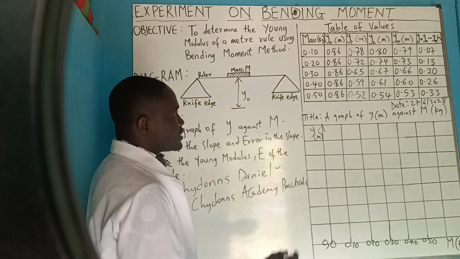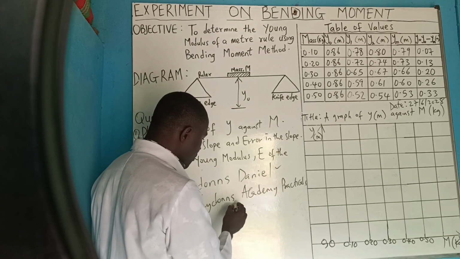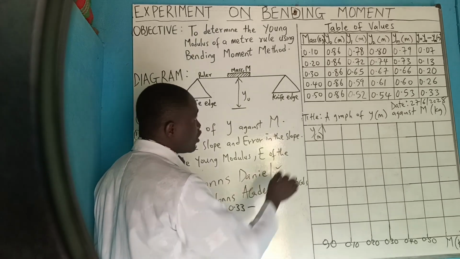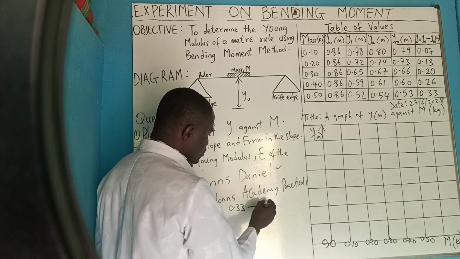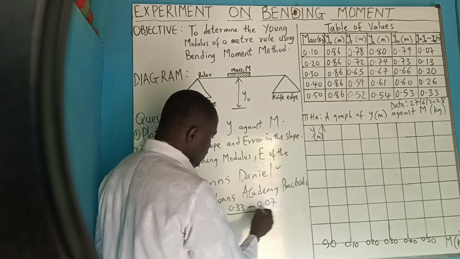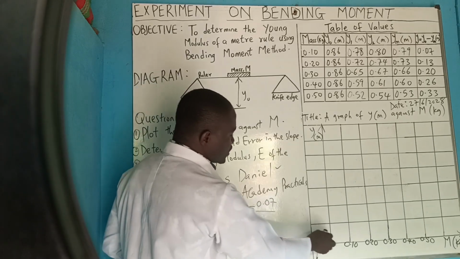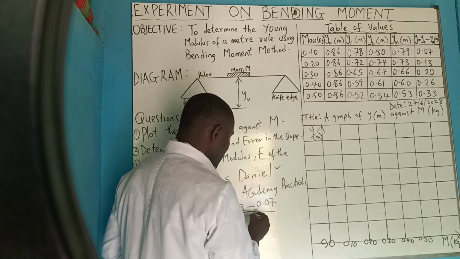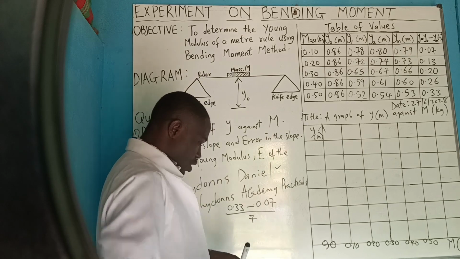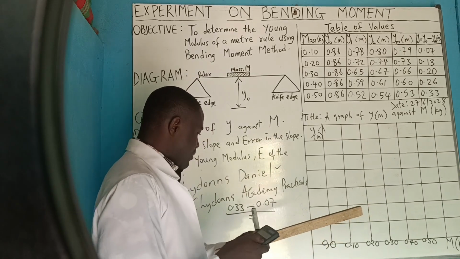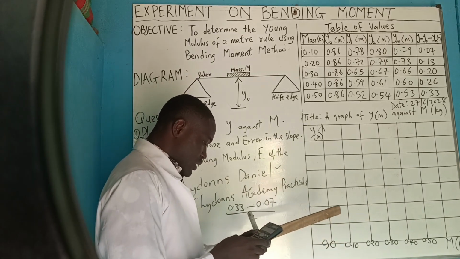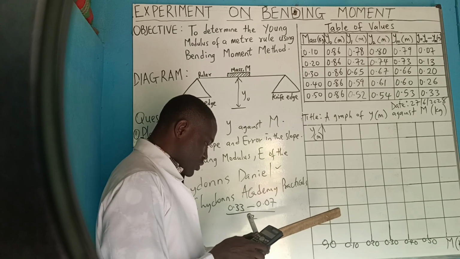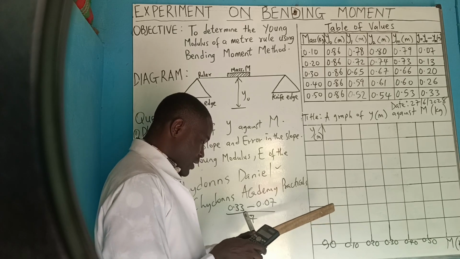And so for us to get this, what I will do is that I will pick the highest, 0.33, minus it with the lowest, 0.07, divided by how many points do I have? 1, 2, 3, 4, 5, 6, 7, divided by 7. Once I do this, I use my calculator. 0.33 minus 0.07 divided by 7.